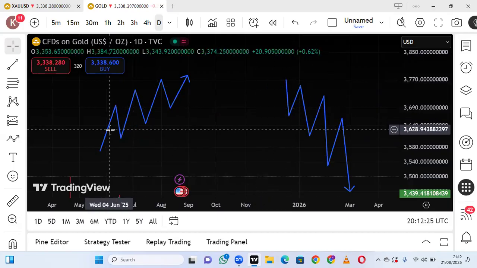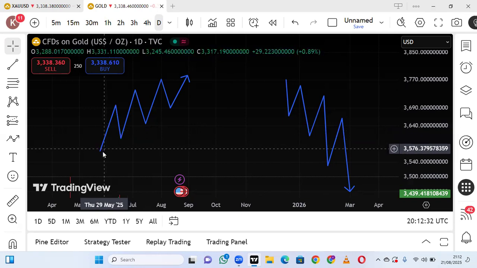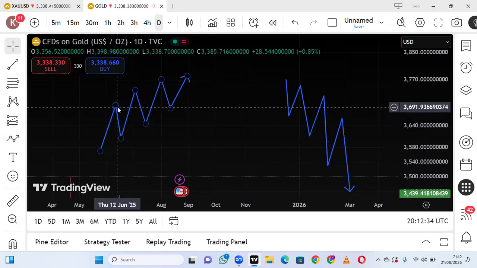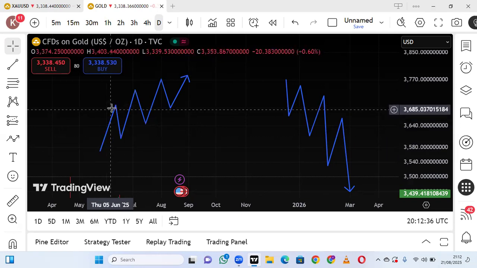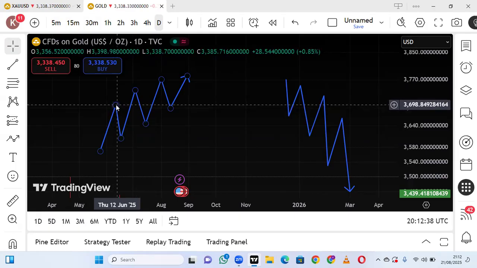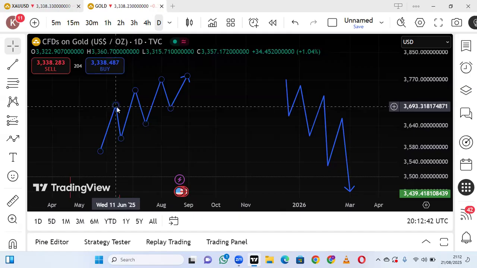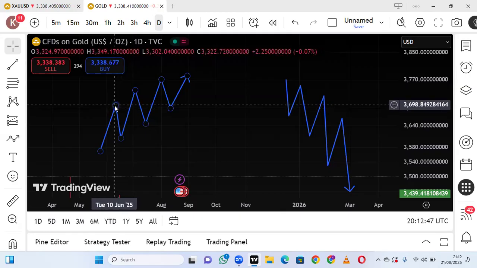So when we say internal and external structures, you see from here to here, this is an external structure because this one is outside. Let's say this was the first structure here, external.